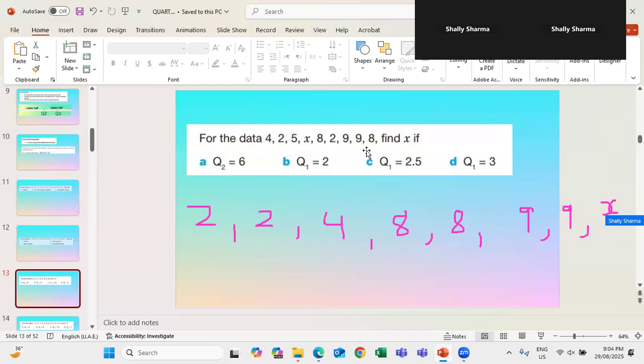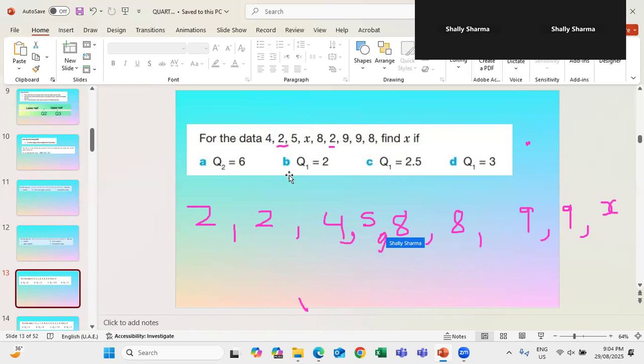How many values are here? 1, 2, 3, 4, 5, 6, 7, 8. I think I have missed one of the values. We have written 2, yes. Another 2, yes. Then we have 4, yes. Then we have 5. Oh, I missed 5. Okay, so now we have this data, and just for simplicity, I put this x at the end.